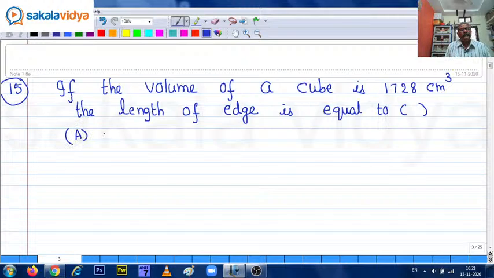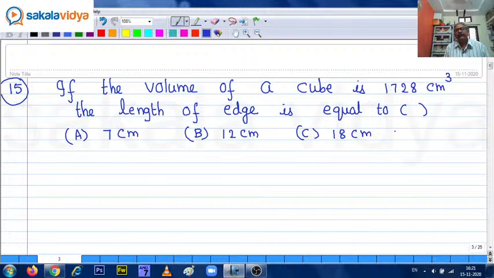Option A 7 centimeter, option B is 12 centimeter, option C is 18 centimeter, option D 19 centimeter.